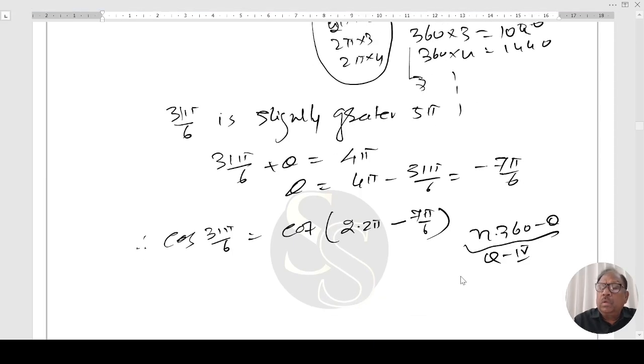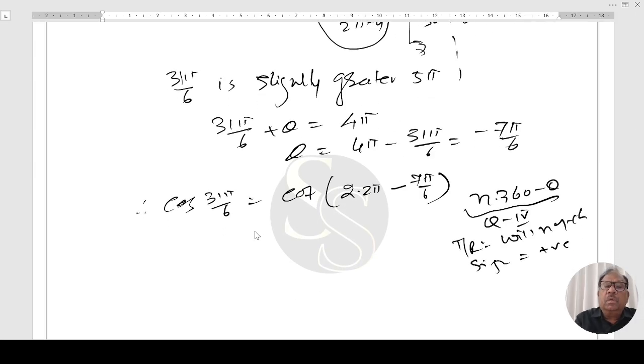Trigonometric ratio will not change. Sign positive. Right? So therefore this is cos of 7 pi by 6. 7 pi by 6 means 210 degree.